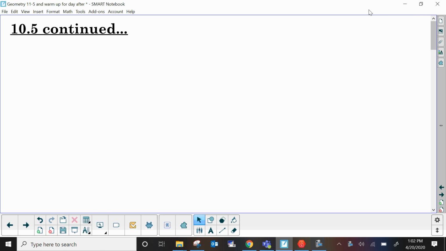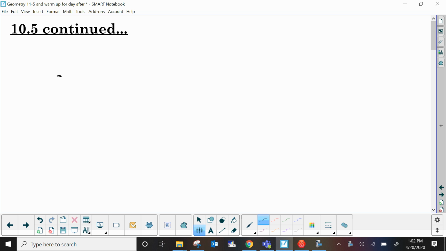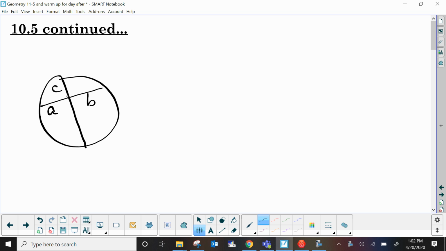Okay, hey everybody. All right, we're going to continue with segment lengths in circles. If you remember, we first started off with a regular circle, and we had two chords. When we had two chords, the two chords were broken up into parts as long as they came from the same segment.